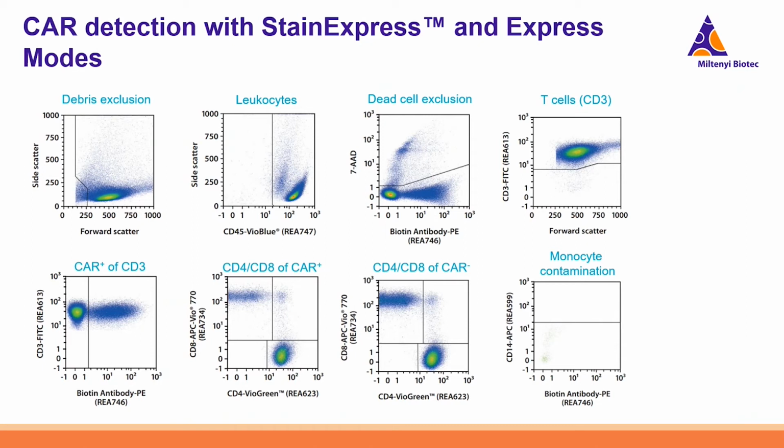And as we know that monocytes are quite a challenge in our manufacturing, we also have a monocyte contamination gating there. So this was just an example of one of the 12 panels.